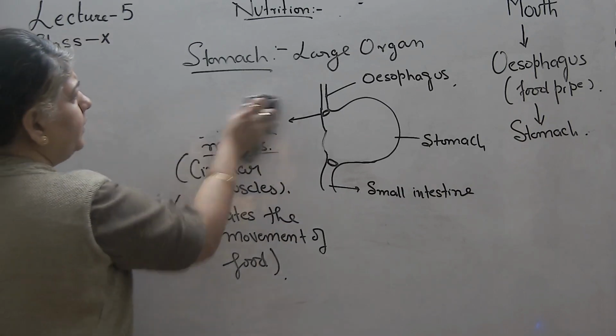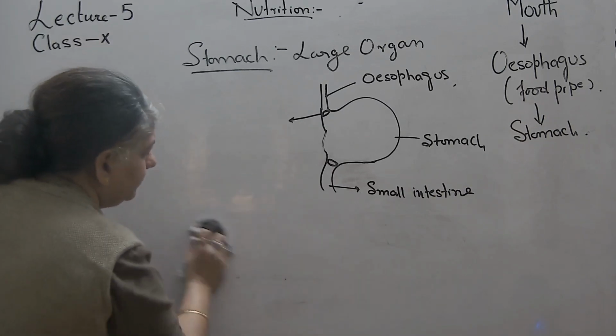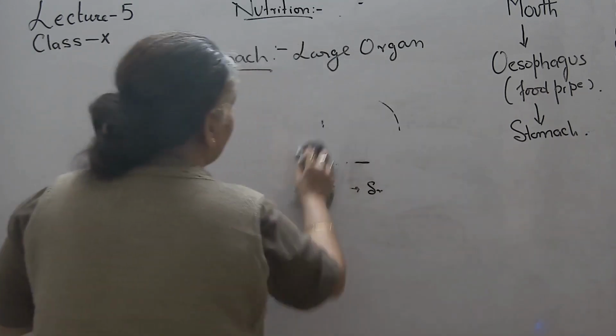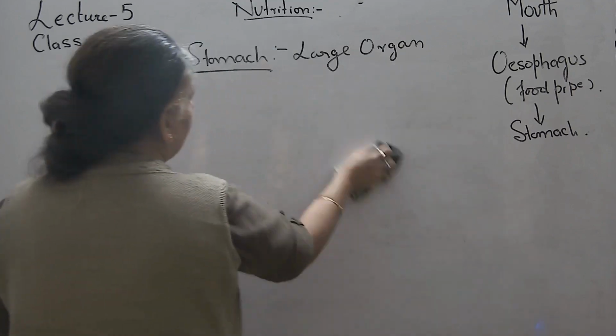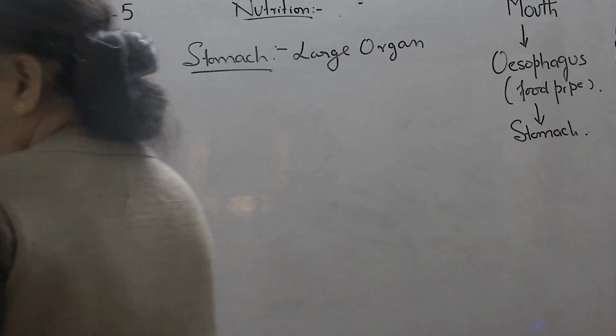See, the walls of the stomach produce 3 things: mucus, hydrochloric acid, and an enzyme called pepsin.